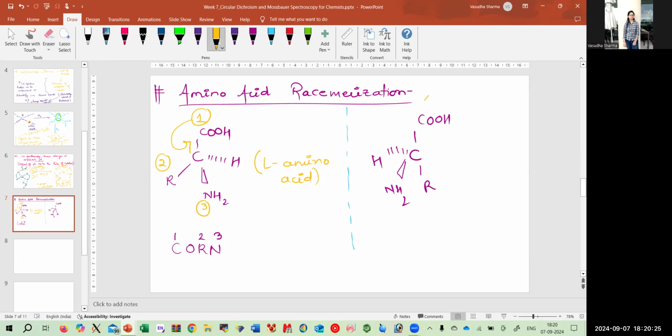And if again we name it 1, 2, and 3, now it goes clockwise, which is a D amino acid.